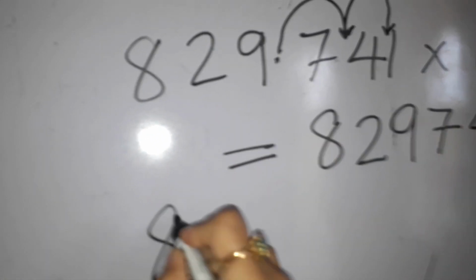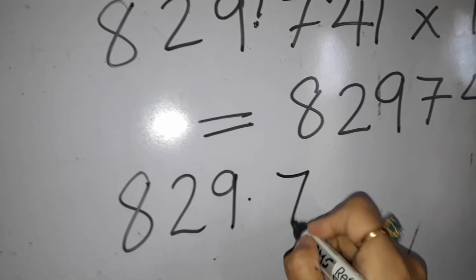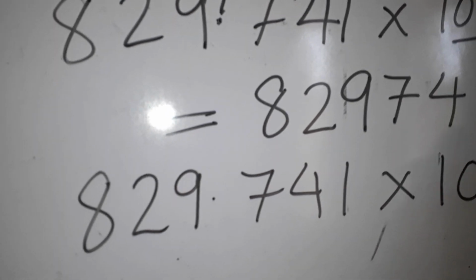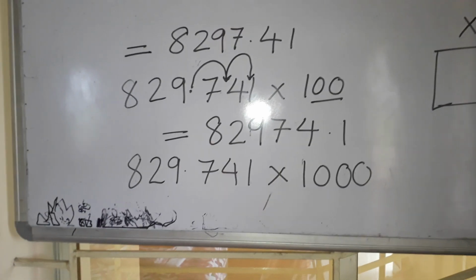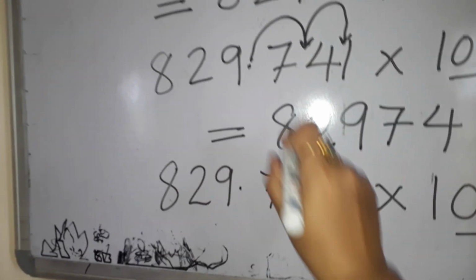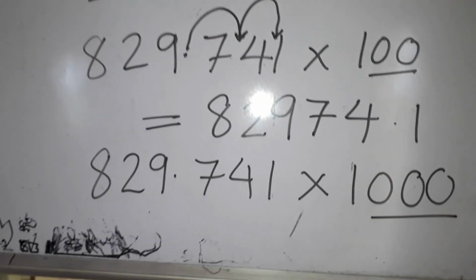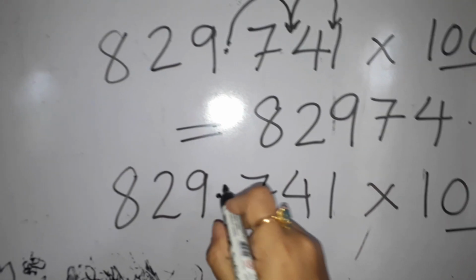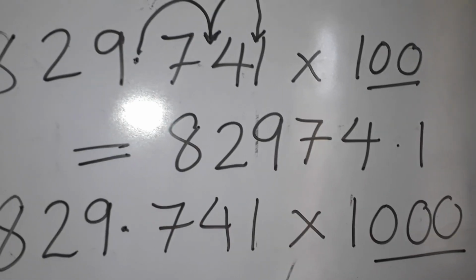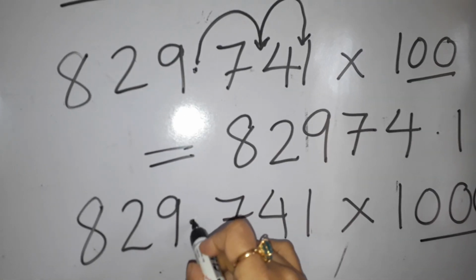Now let us take the same decimal number, and we are going to multiply it by 1000. Now 1000 has got 3 zeros in it. So the decimal point will move 3 places to the right in the multiplicand. So the decimal point is before 7. It will move 3 places.